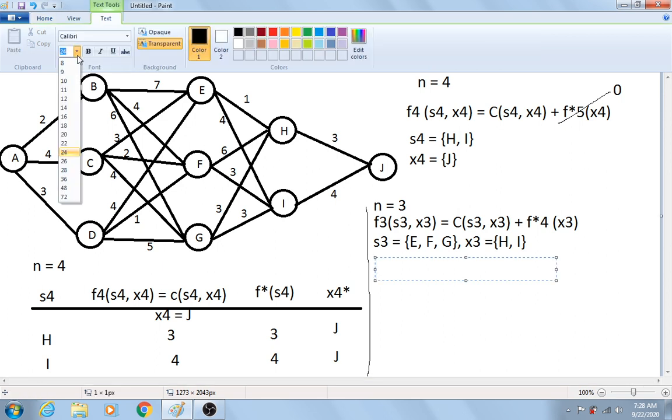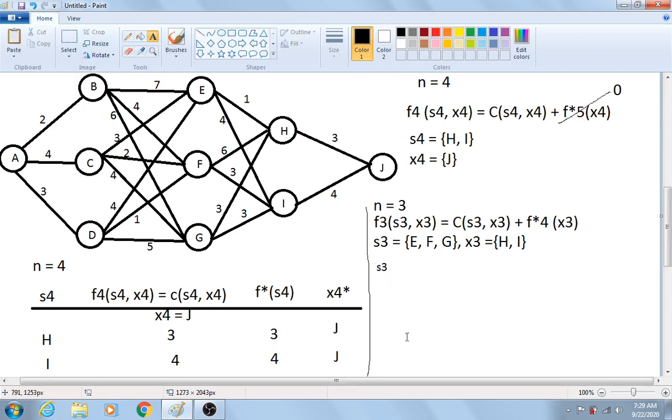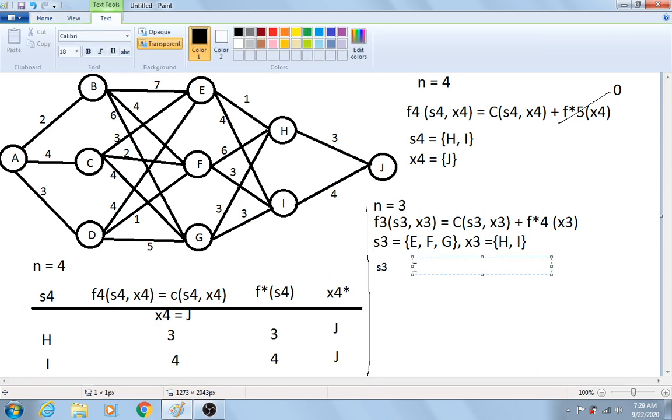So I think I will make the size of the font smaller. So I will just put 18, I think. So we will have S3, and we will have the cost function, which is F3, S3, X3. It is just the cost of S3, X3 plus F star 4, X3.